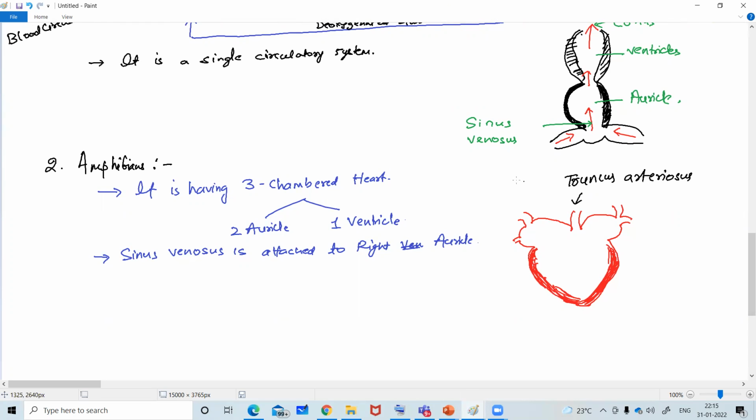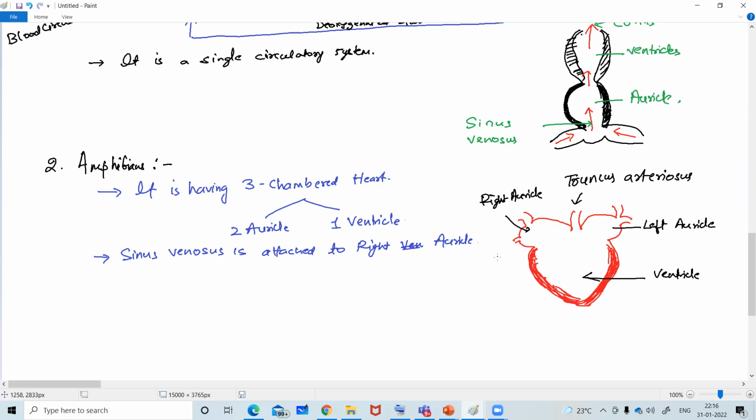This opening through which the blood will go out. This is called left auricle. This chamber is called right auricle. Center one, this one, is called ventricle. So now you can see the structure, how it looks like.